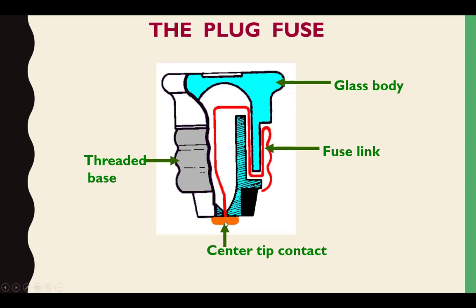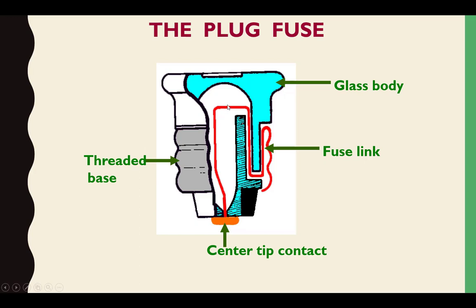The plug fuse, I've got a little diagram here to show you how it works. You've got a tip and a threaded side, like a light bulb. In one end of the connection, the current goes in here, circles around, goes through this fuse link, and then ends up touching the threaded part. So current enters the center and goes out on the threaded part.